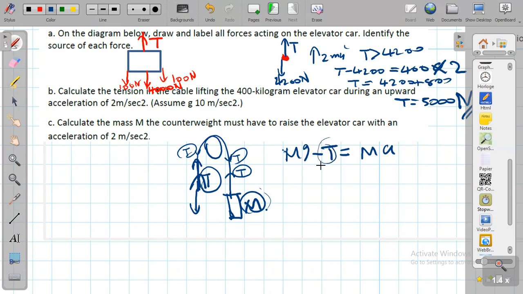Right? We know T, and we know a, we know g. The only thing we don't know is M. T equals Mg minus Ma.